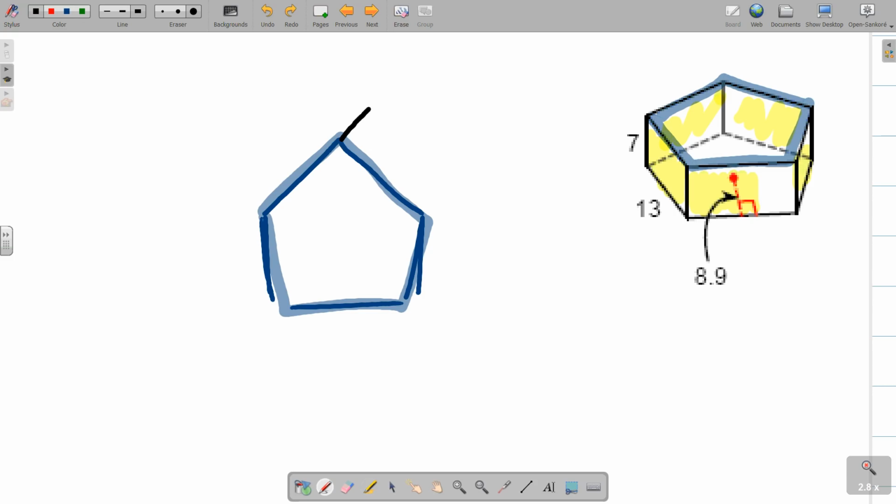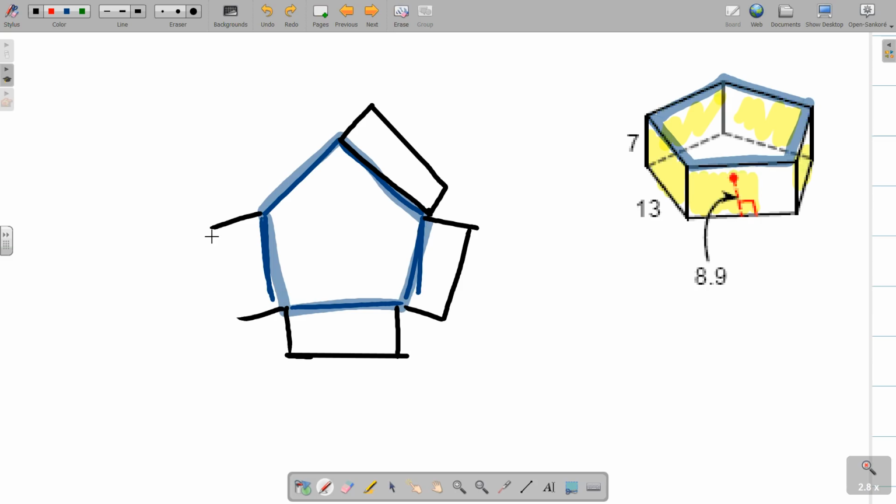Lay that flat. And here we have these edges are 13 all the way around. And of course, that edge is 7. So each of those rectangles is 13 by 7. You're just drawing out the flat version of everything.